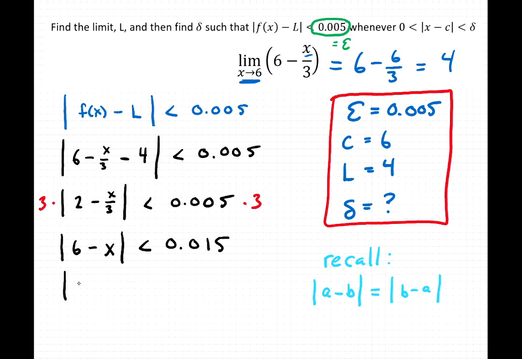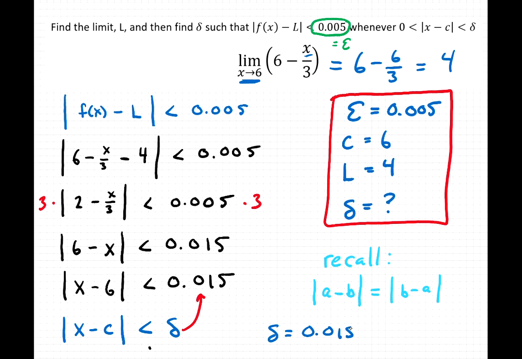So the absolute value of x minus 6 is less than 0.015, and that is our absolute value of x minus c is less than delta. In this particular case, here is our value for delta. Its final answer here: delta equals 0.015. And let's use the rainbow.